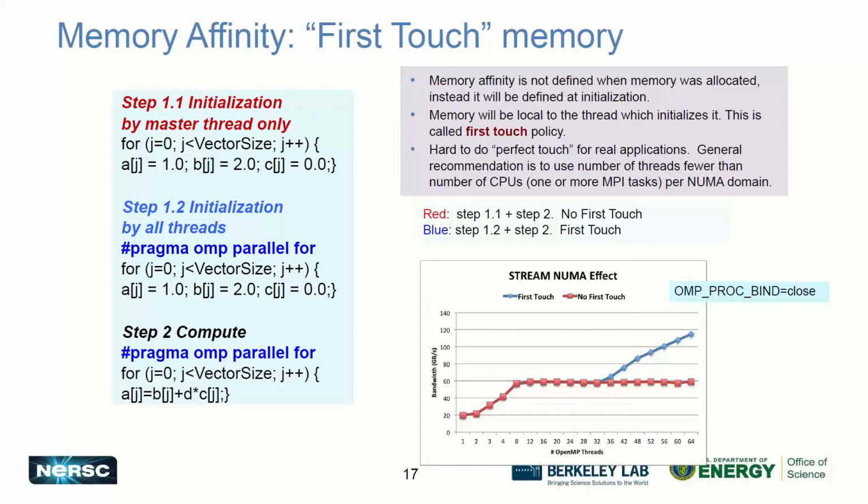In order to get your data close to where your threads are, if you do a parallel initialization, a first touch initialization, then you'll have data local to where you are. This is because of the first touch policy used by most Linux operating systems out there.